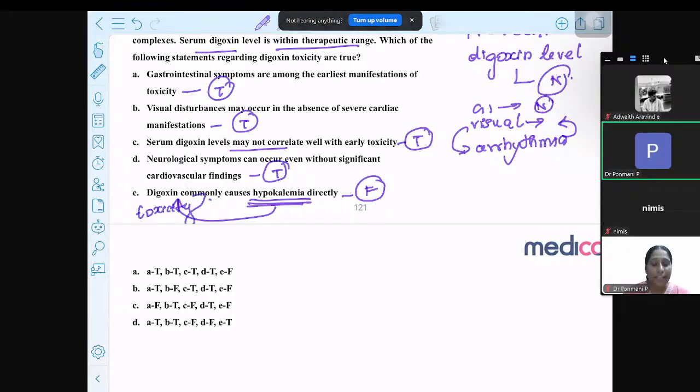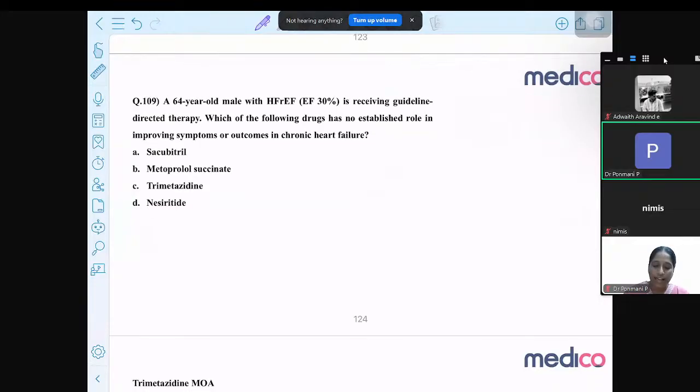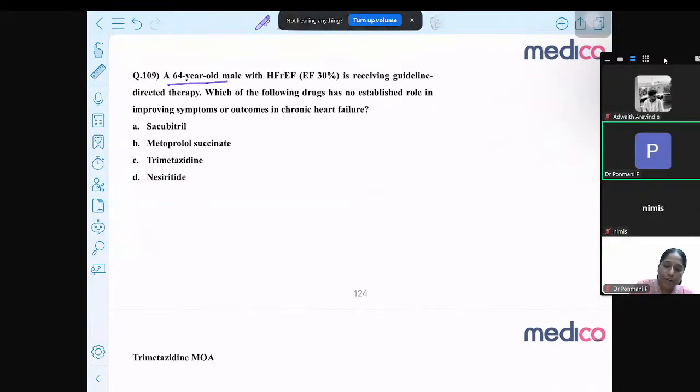So I hope I'm clear with this. Now moving into the next question. A 64-year-old male has an ejection fraction of 30%, and which drug has no established role in improving the symptoms in chronic heart failure? We saw sacubitril, a neprilysin inhibitor, which comes under the RAS category. It can improve the outcome.